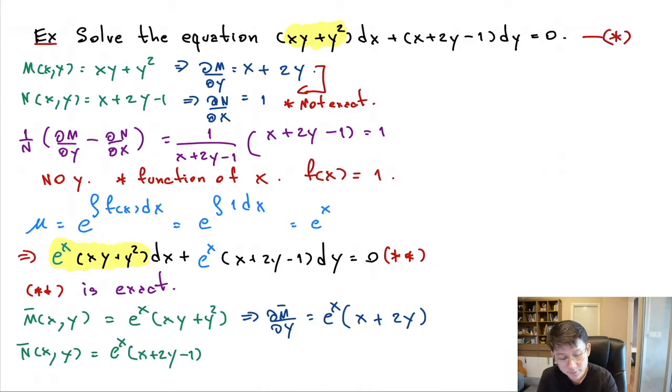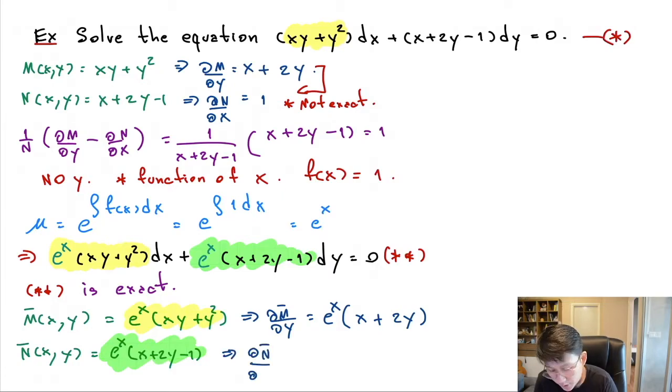2y minus 1. Okay, is this guy. Make sense? So dn bar by dx, what is it? In this case, this is a function of x.